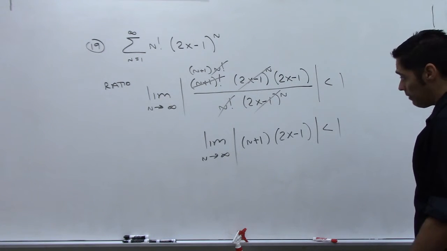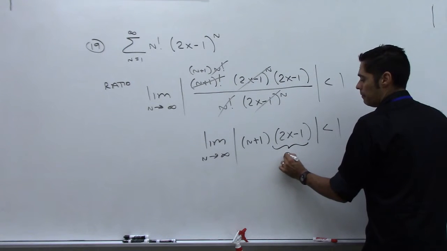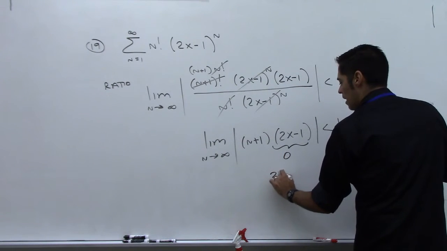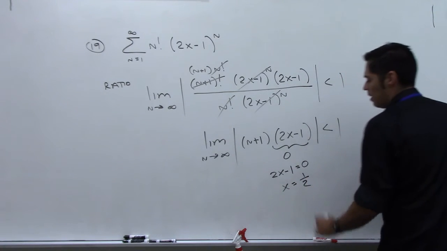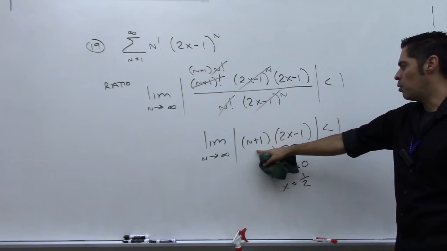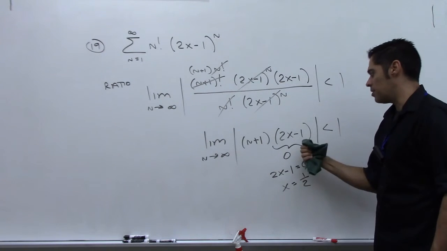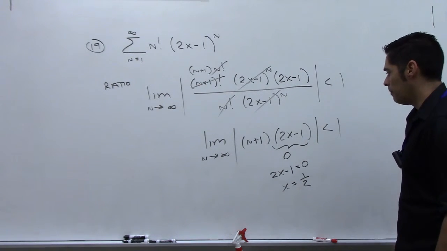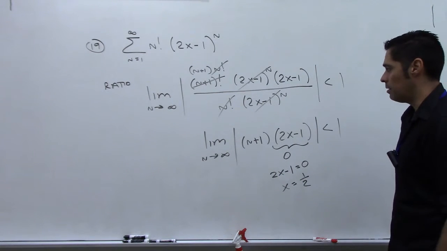The only way I'm ever going to have any control of that is if this is 0. So if I let 2x minus 1 be 0, that means x is a half, then this doesn't matter anymore because that is 0. No matter how big that starts to get, times the number 0 should be less than 1. So if I let x be a half, that's the only time it's going to converge.